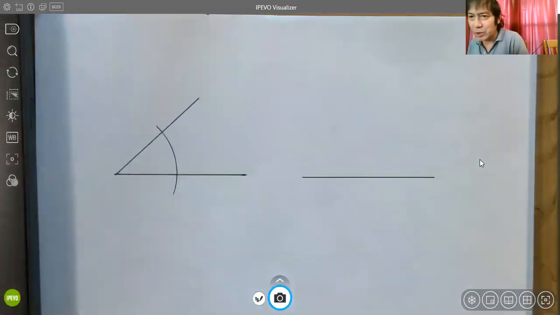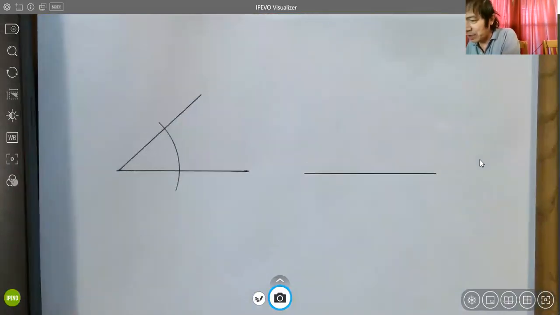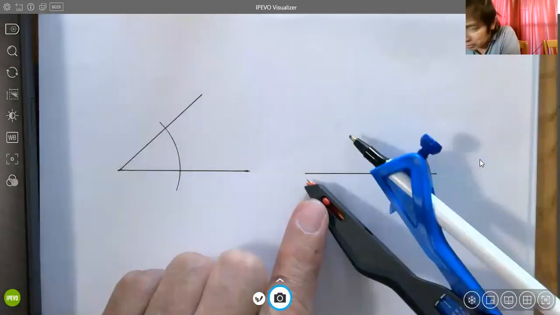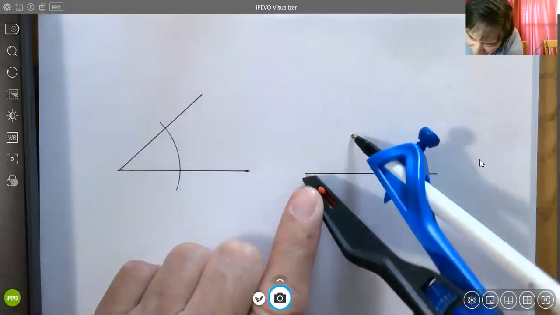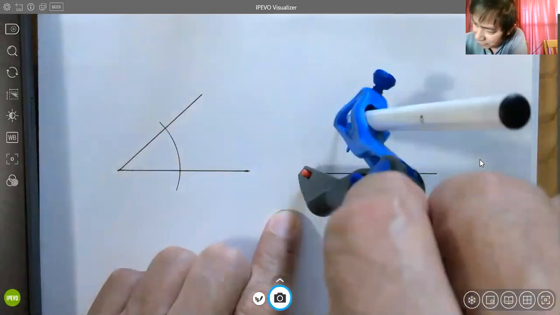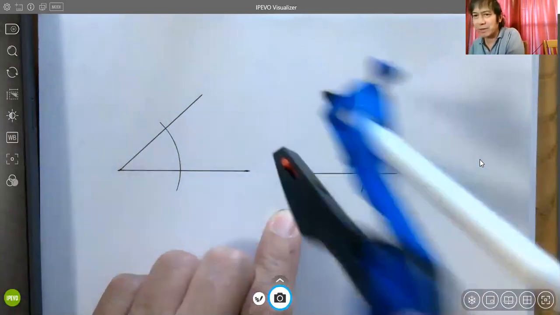Okay, now let's go to our other angle and use one of the endpoints as the vertex, right? So we're going to start here and then draw the arc. Of course, without changing the radius of our compass.